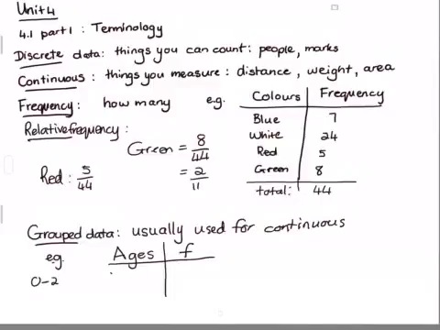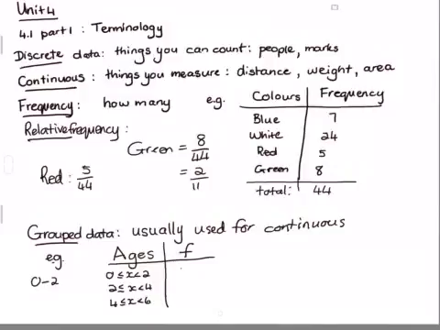I write it like this, meaning if the child is 2 years old, he doesn't go into this group because it's not equal to 2. So then you would put all equal to 2 here, and maybe that would be up to 4, and then up to 6, etc.